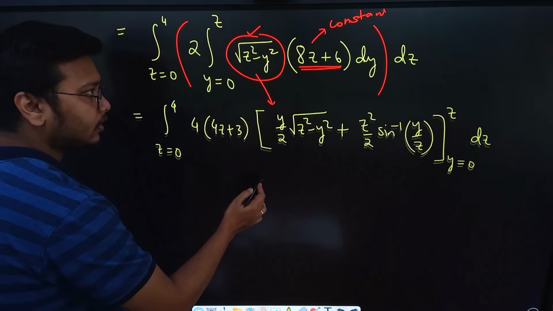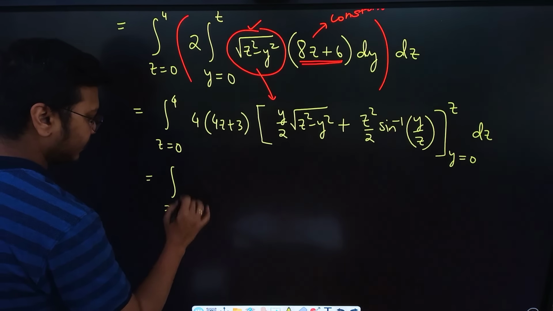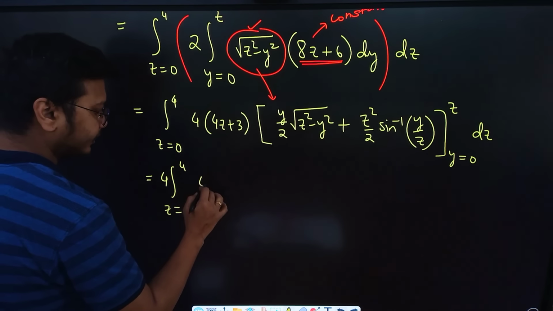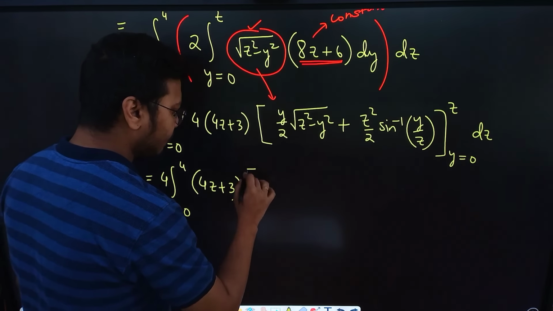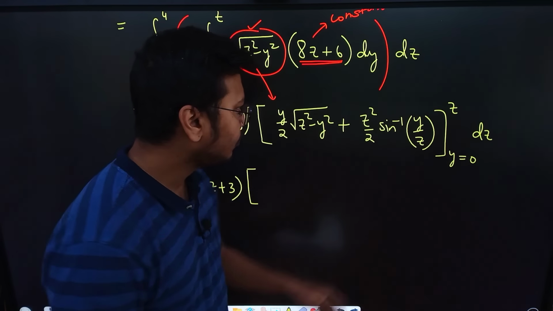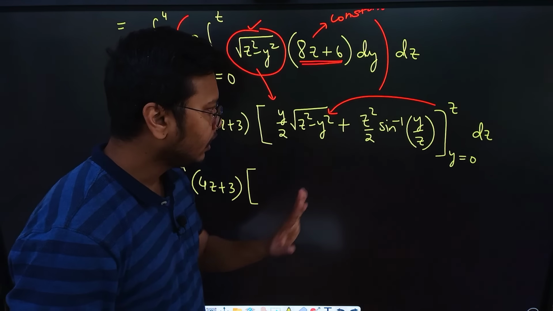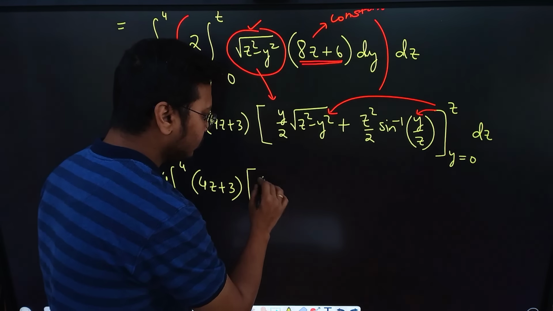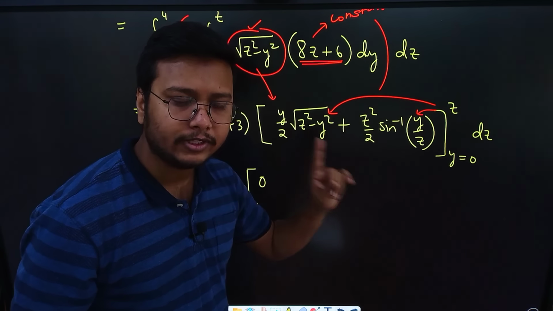Okay, so if I now put the limits over there, I'll take the 4 outside as well of the first integration, 4z plus 3. Now putting the upper limit, you can see if I put the upper limit z in place of y, it's going to be 0. So the first value is 0, the next one is sine inverse of z by z, which is 1.